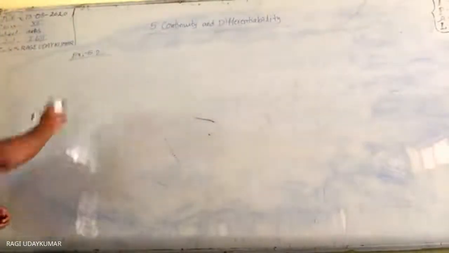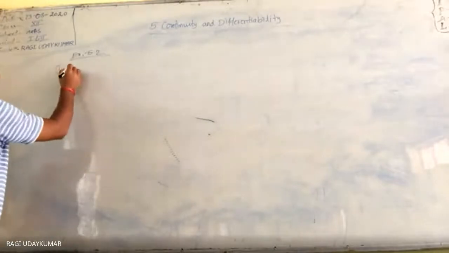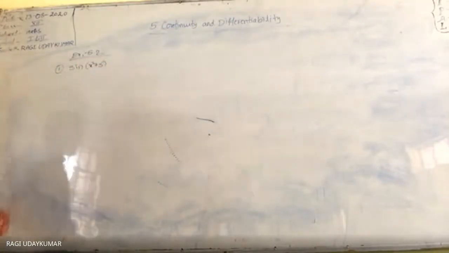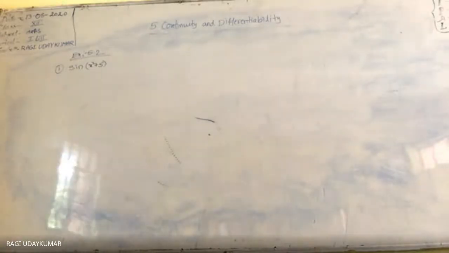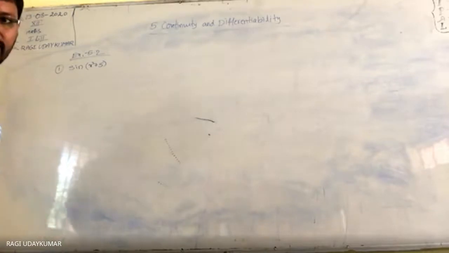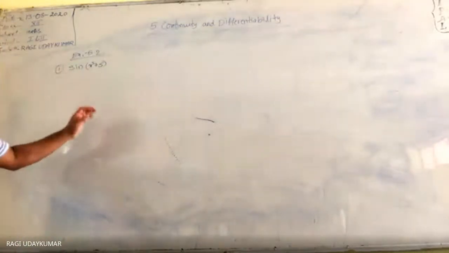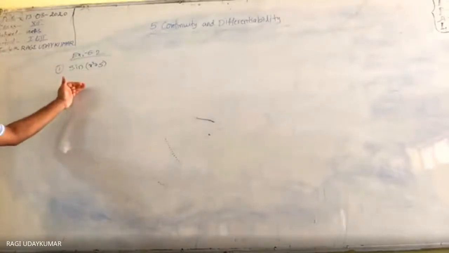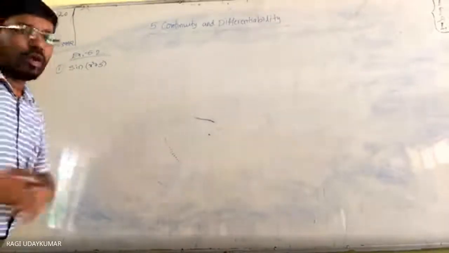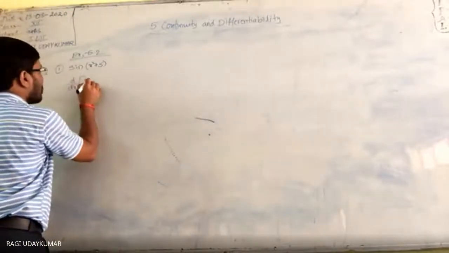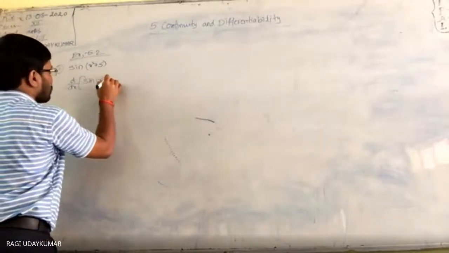Okay. So now exercise 5.2, the first problem is given to you: sin of x square plus 5. Differentiate this function with respect to x. Differentiating with respect to x is nothing but d by dx of this function sin of x square plus 5.